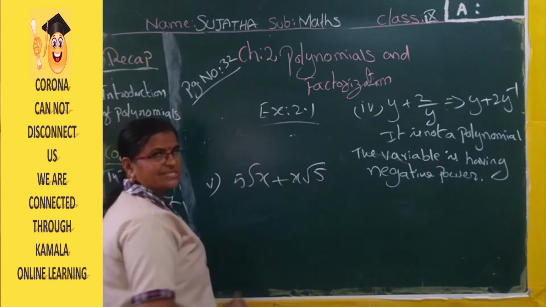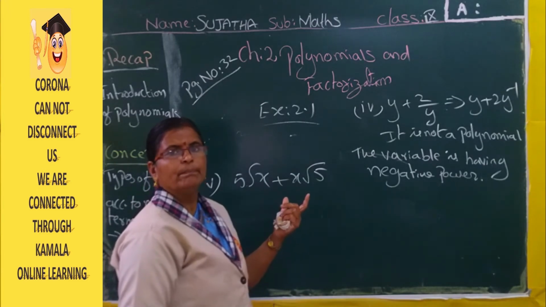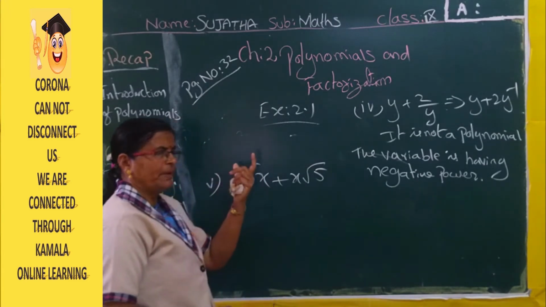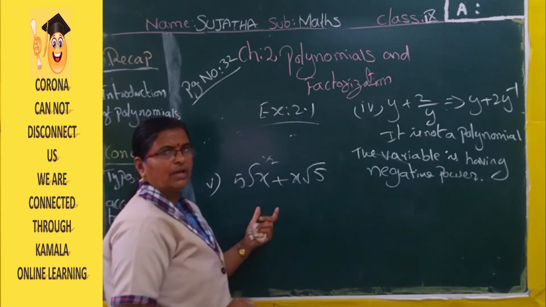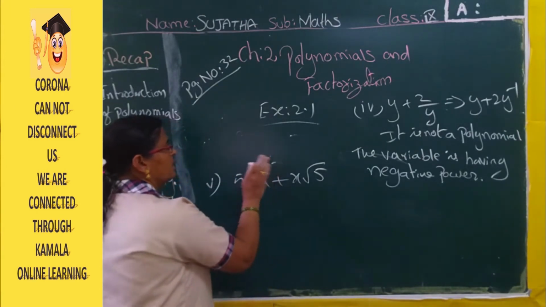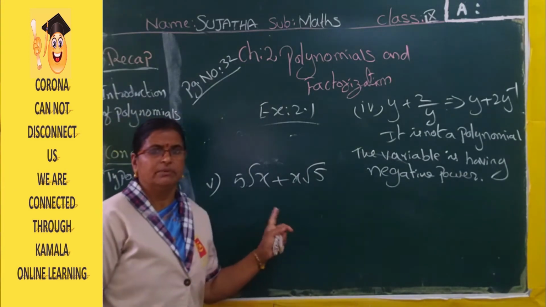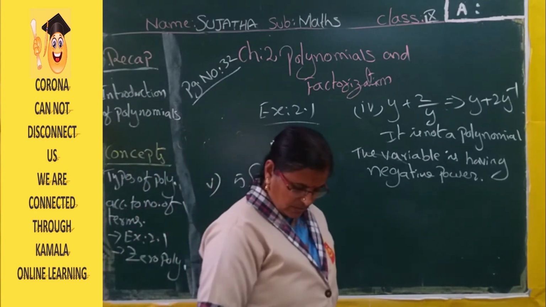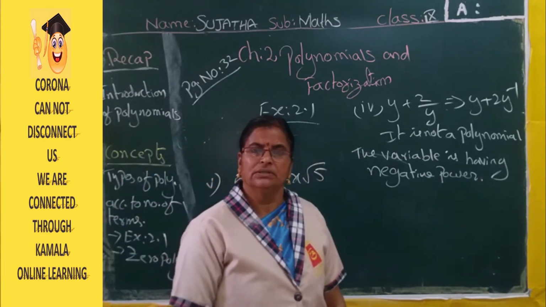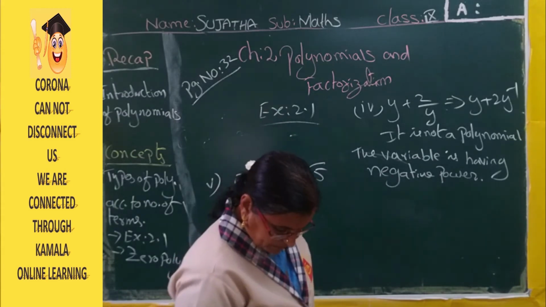So root x is there. The power should be a non-negative integer, but here the power is 1 by 2. The root value is 1 by 2. So it is not a polynomial because the variable is in root form. Otherwise you can write that the variable power is 1 by 2.